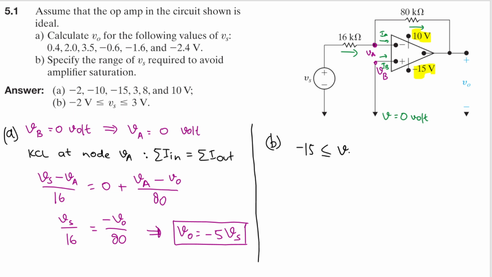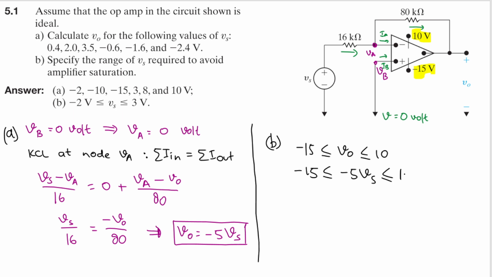Okay, let's plug in that V0 is equal to minus 5 Vs. So I'll have minus 15 less than or equal to minus 5 Vs, and then less than or equal to 10. Okay, now we divide both sides by minus 5. Remember, if we divide an inequality by a negative number, we need to flip the sign.